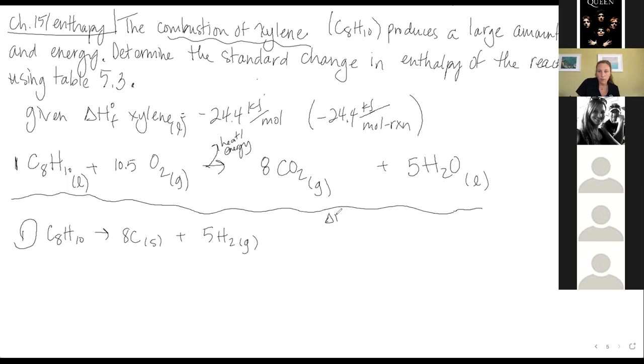The enthalpy of formation, which you are given in the problem statement, corresponds with this equation, and is negative 24.4 kilojoules per mole.